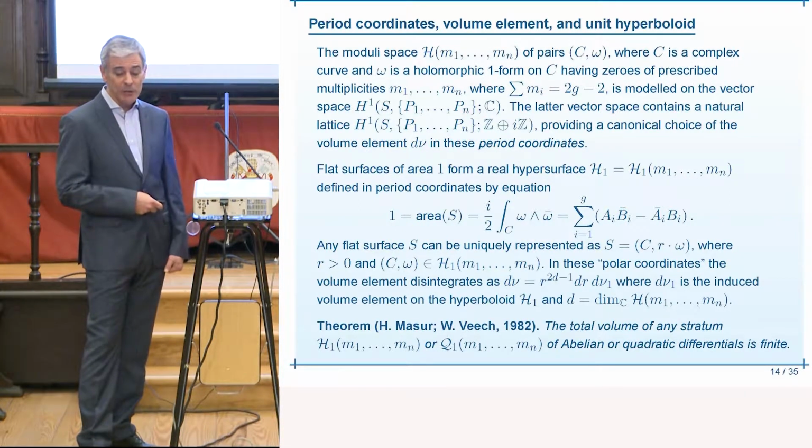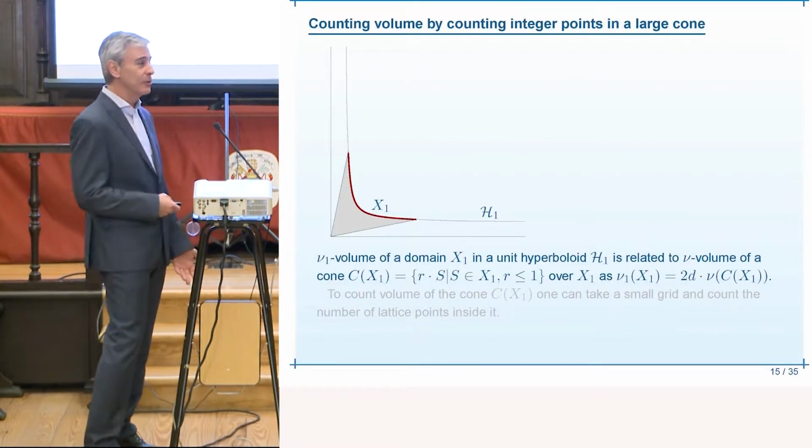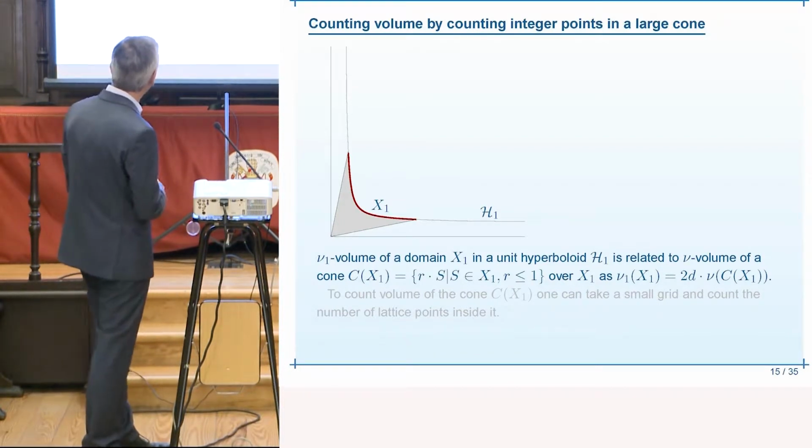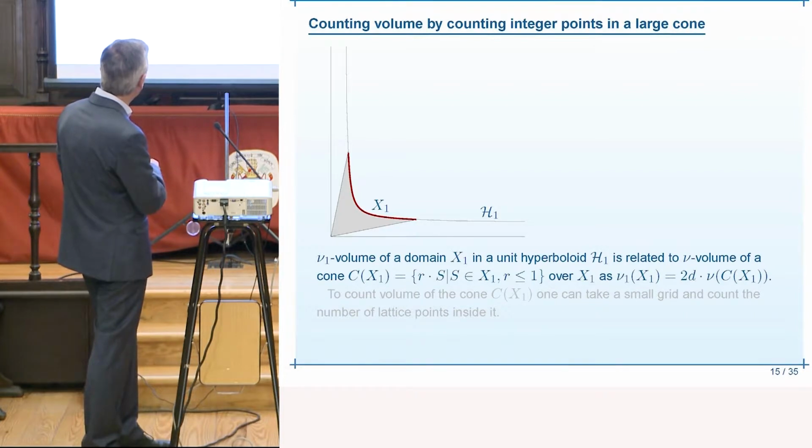Now, how are we taught to compute areas and volumes in school? First remark, it's not the school, it's the normalization coefficient. I need to compute the surface area of a hypersurface, and it is related to the volume of the corresponding cone just by a dimensional factor.